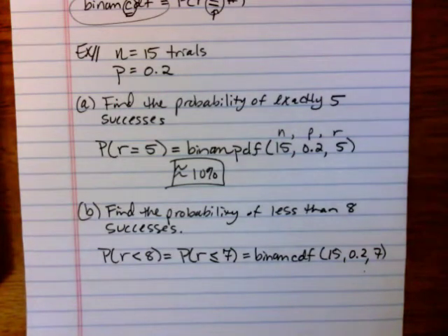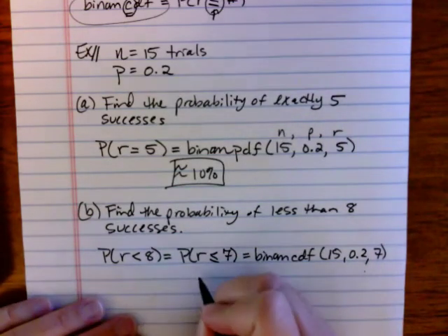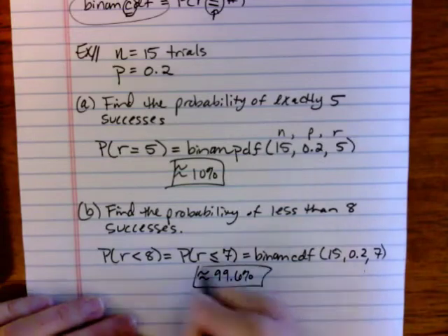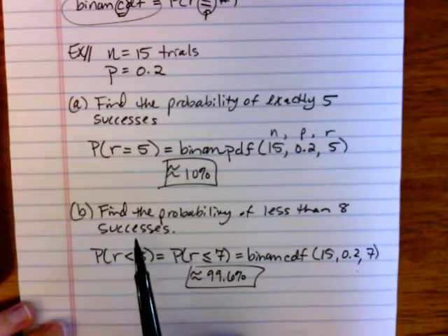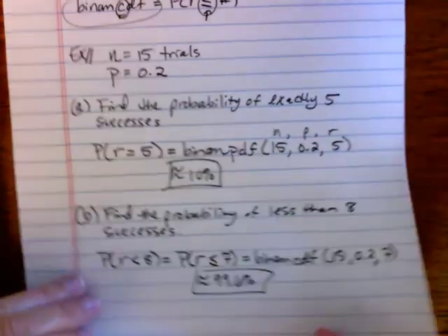When we do that, we get 0.9957, so about 99.6%. Okay. So if we have an equal to, we use PDF. Less than, we need to convert to a less than or equal to, use CDF.